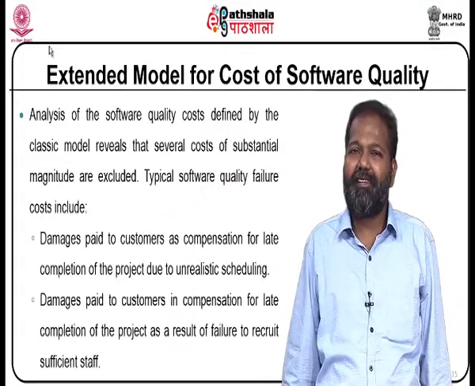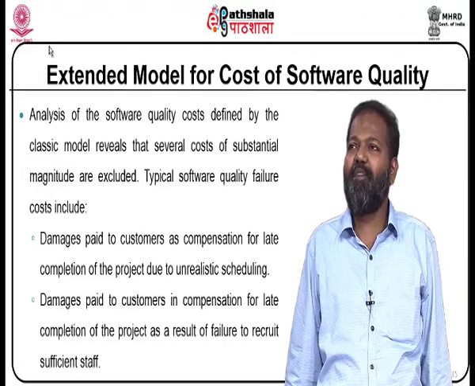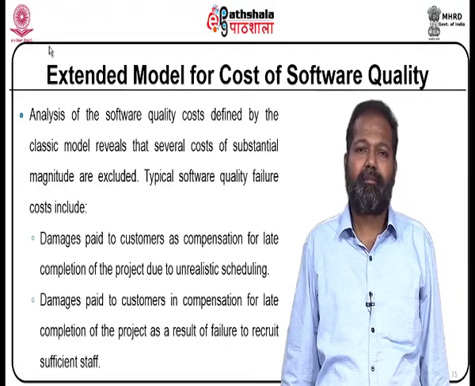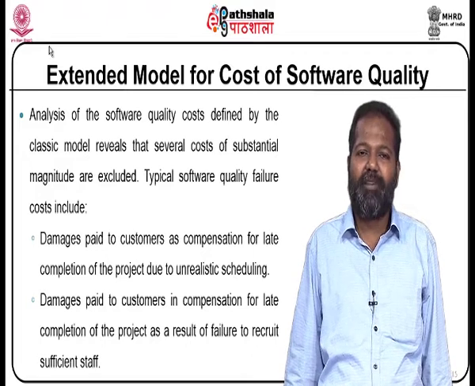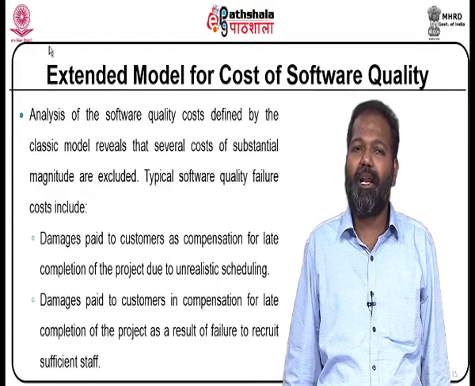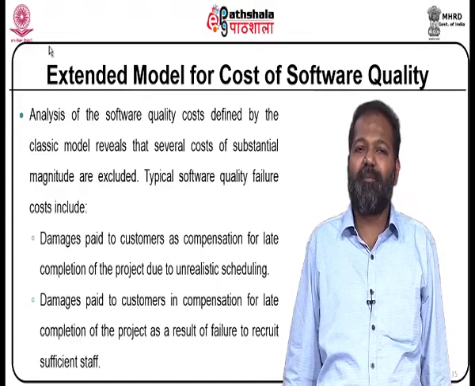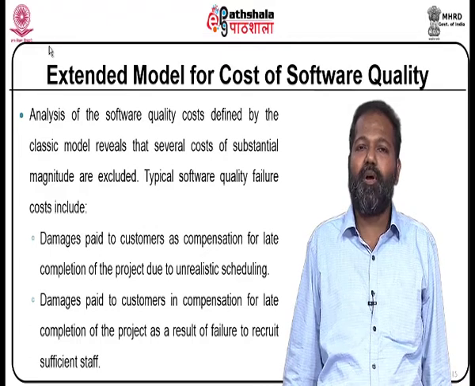Now we will discuss the extended model for cost of software quality. Analysis of the software quality costs defined by the classic model reveals that several costs of substantial magnitude are excluded.